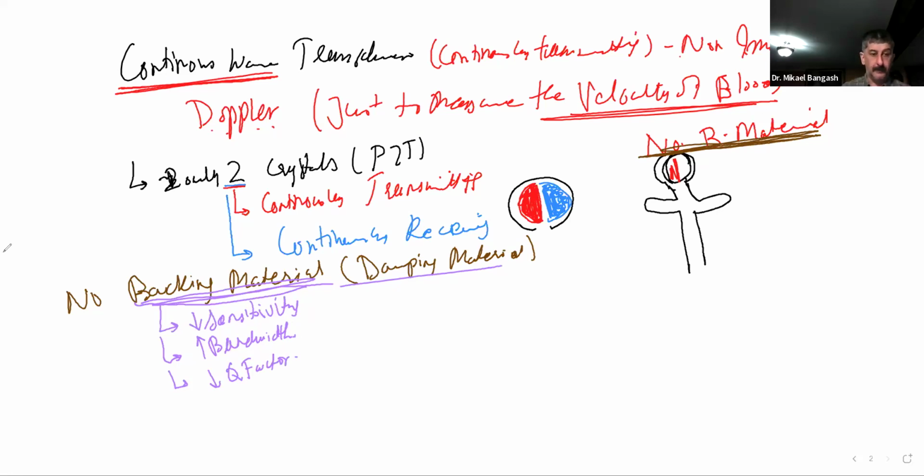But when we say that this transducer here does not have backing material, the consequences of having a backing material are just going to be reversed. So this transducer here, which is a continuous wave transducer, what will that have? The low sensitivity is going to be reversed, so we will have a high sensitivity.